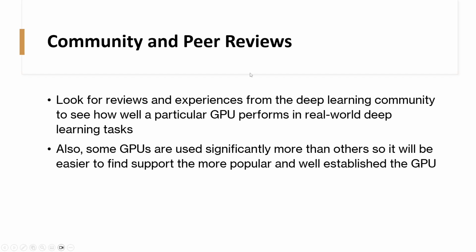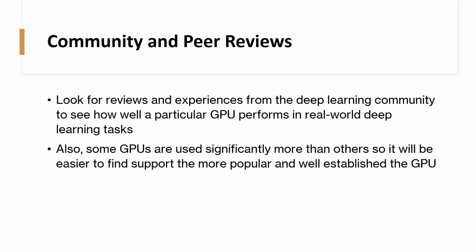Community and peer reviews. This is another thing that's super important. For example, when you're looking at a GPU or any piece of hardware, look at what the community says around it. Do some research, look on some forums, and see what people who have actually used it have to say about it, what they've used it for, what it works well for, and what doesn't work well for.